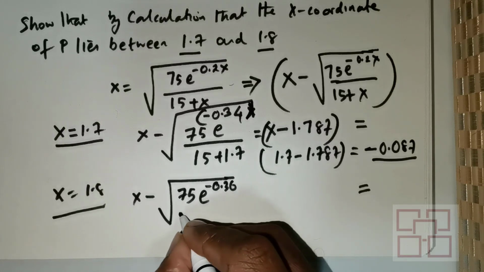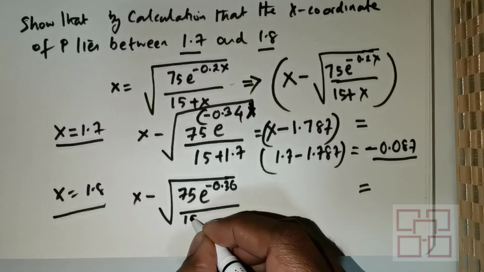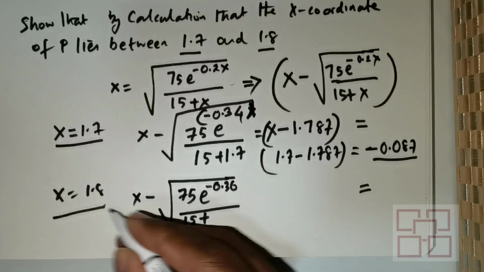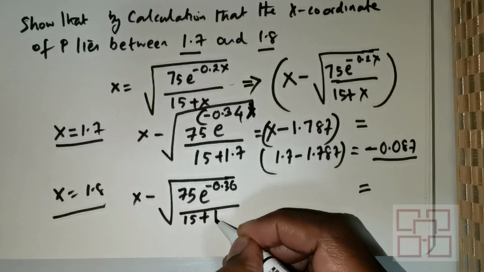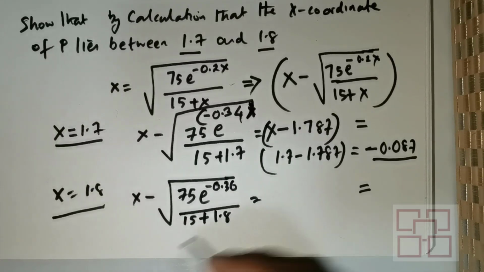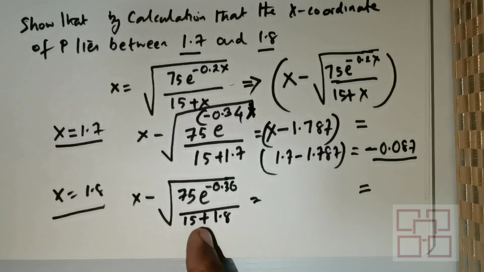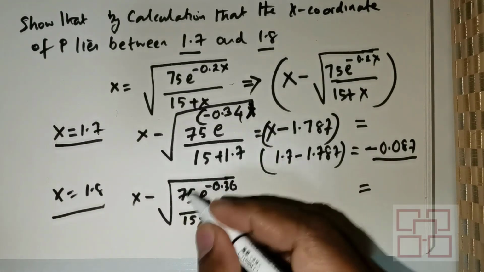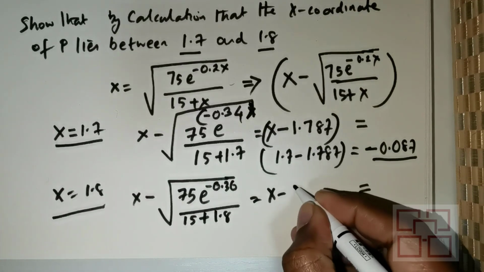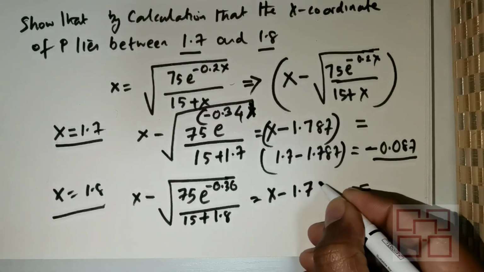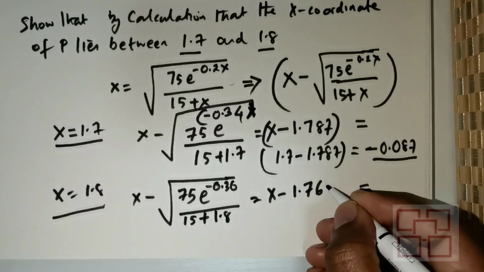Now that has to be divided by 15 plus, in place of x, 1.8. We would now use our calculator and find out what exactly we are getting. This expression is giving me 1.764.